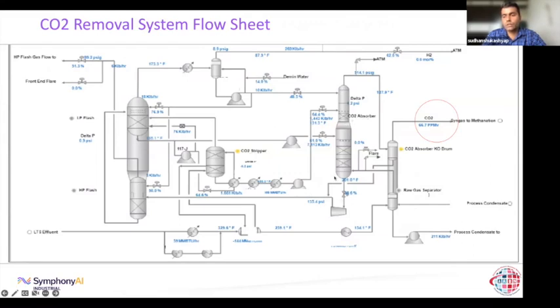Amine comes countercurrent, and as we know, amine has an affinity for CO2, so CO2 gets absorbed in the amine, and finally that amine goes to a stripper, where it releases all the CO2 and is recycled back to the system. So that's the very high-level operation of this particular subunit, which removes CO2 from the incoming gas.